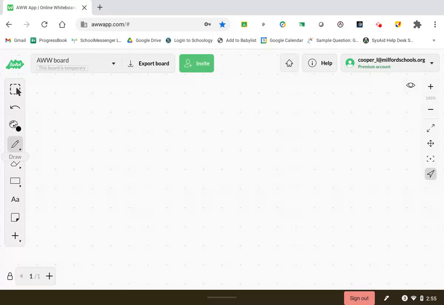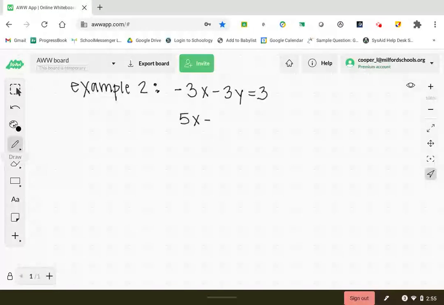Example 2 will look a little bit different. Our first equation is going to be negative 3x minus 3y equals 3. And then I'm going to do 5x plus y equals negative 17. Oops, sorry.